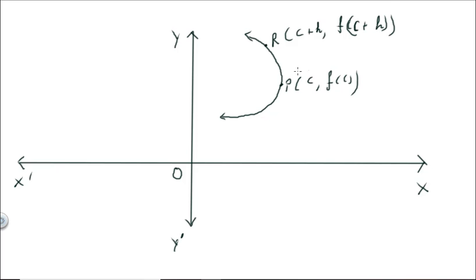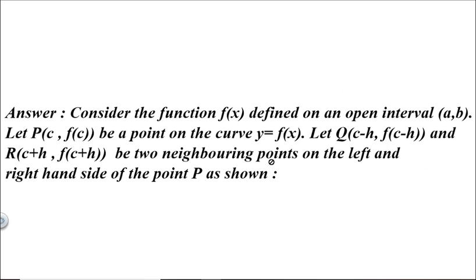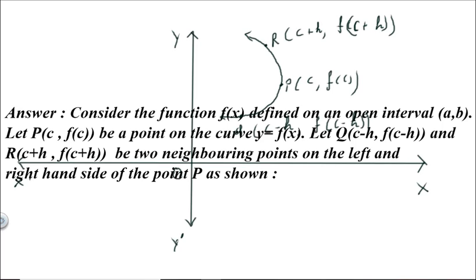Point Q has coordinates (C minus h, f of C minus h). So a curve has to be taken with these three points, and I have just done that.